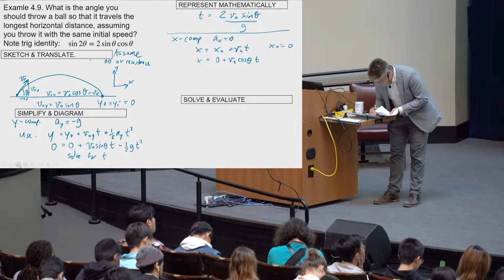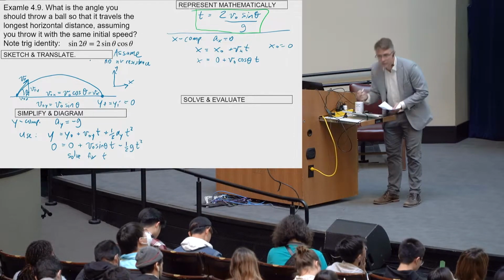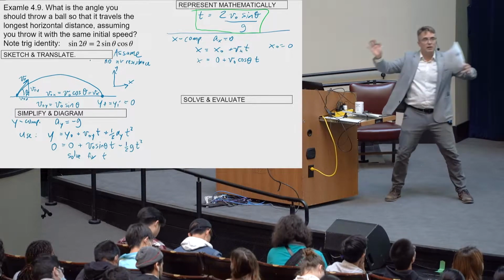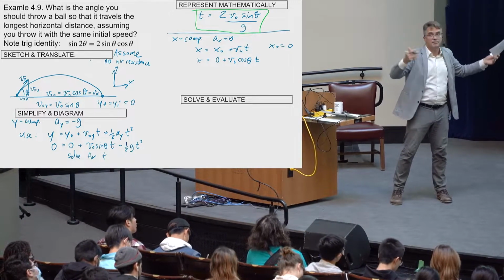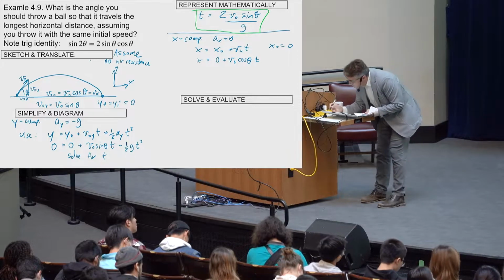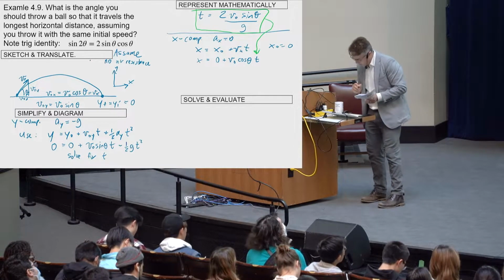And now I already solved for t from the y component, and when you do these projectile motion problems, the thing that's the same about the y component and the x component is the time. So you take this and plug it into right there.